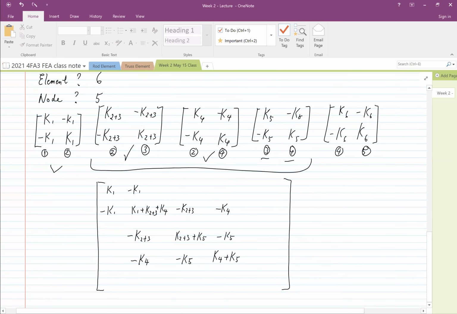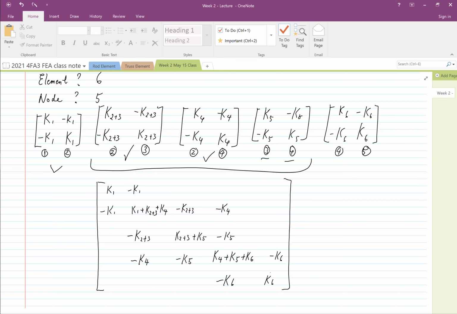And finally K6, it goes right here: K6, negative K6, negative K6, and K6. Guys, seriously, for any FEA problem, it takes a lot of patience. Just be careful and enter each one correctly.